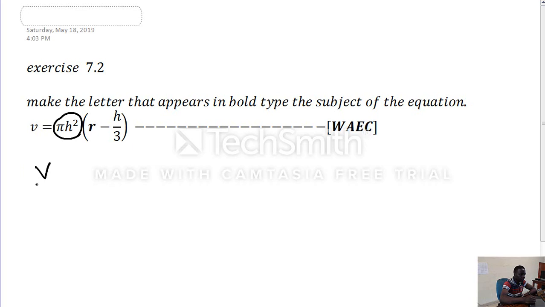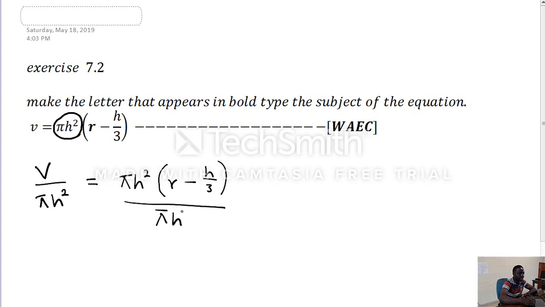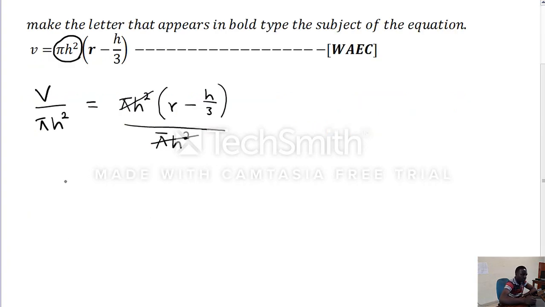That will be V divided by pi h squared is equal to pi h squared multiplying R minus h divided by 3, divided by pi h squared, and pi h squared will get rid of pi h squared, leaving us with V divided by pi h squared is equal to R minus h over 3.